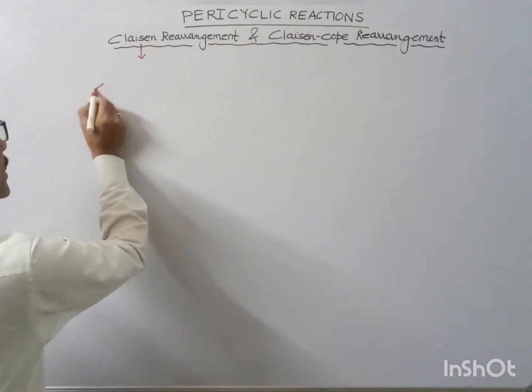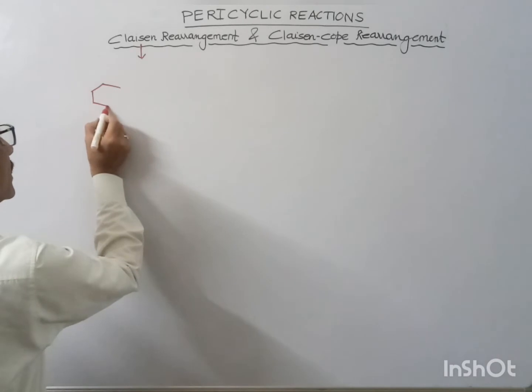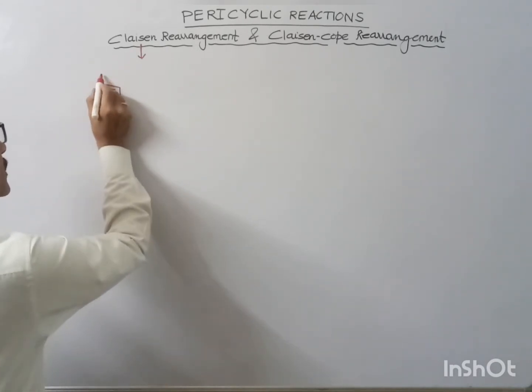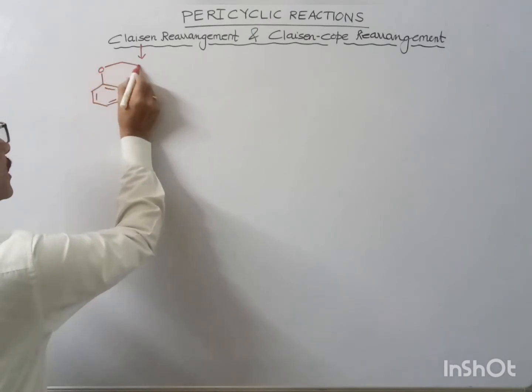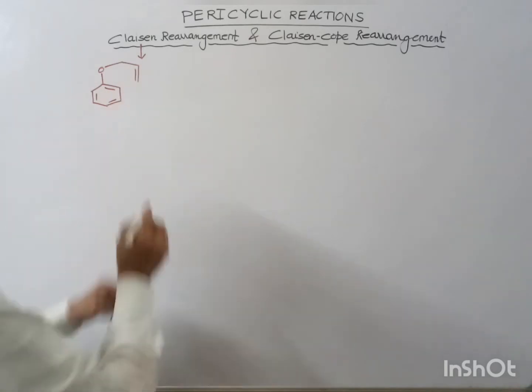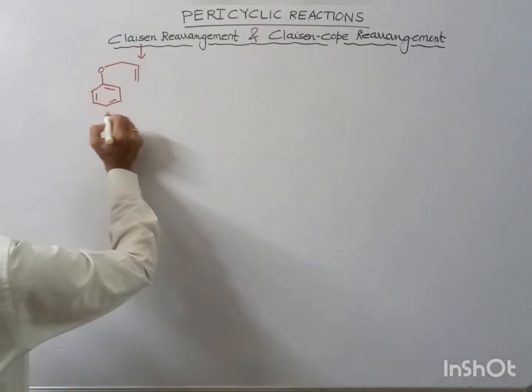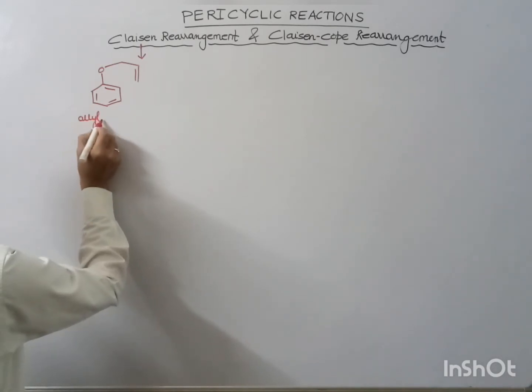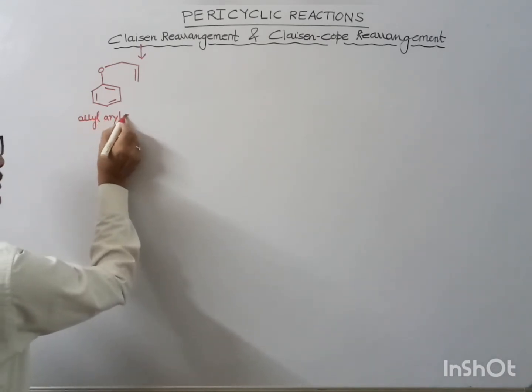Suppose we have an allyl aryl ether. This is the allyl group, and this is the aryl group. So this can be called an allyl aryl ether.